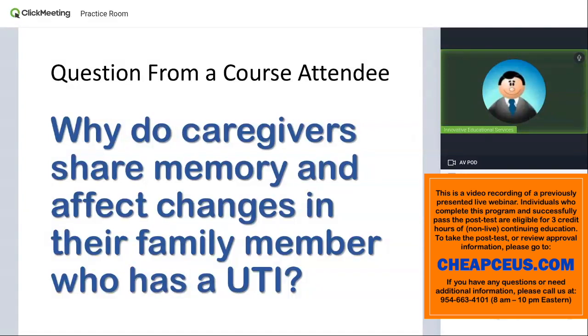Something else to consider is that if an individual has dementia, and then they develop a urinary tract infection, they might not be able to communicate, and they are at greater risk for developing those because they may not have as much awareness of their body and hygiene.